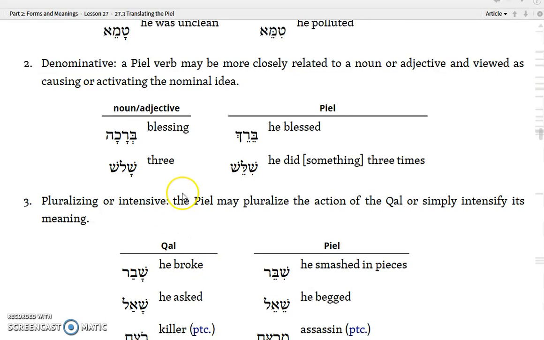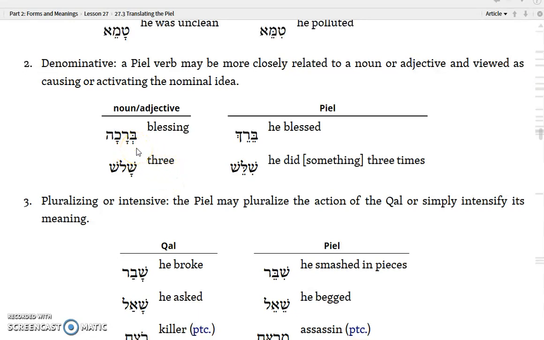Another usage of the Piel is the denominative. It may take a noun or an adjective and turn it into a verb. Kind of like in English, you talk about an object, a table, but then we table a motion. We've taken the verb to table something from the noun table. Well, you can do that here.